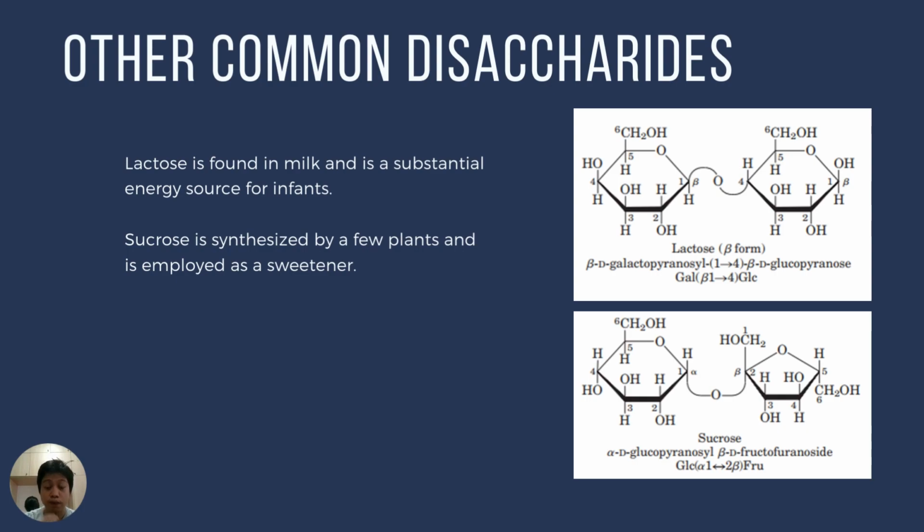And that is especially true for Asians. Okay? So that's why a lot of Asians are lactose intolerant, or they have what we call lactase deficiency. So look at the image in the right, at the top portion, that's the structure of lactose.